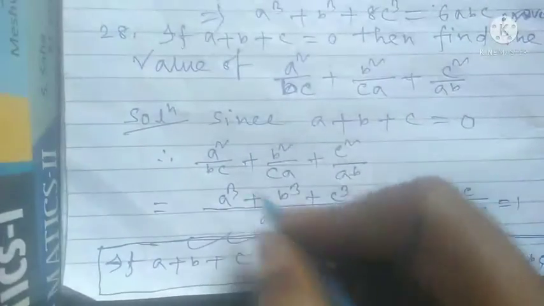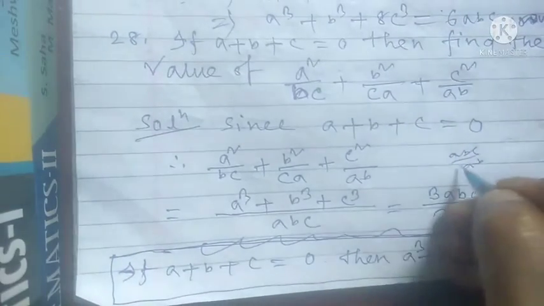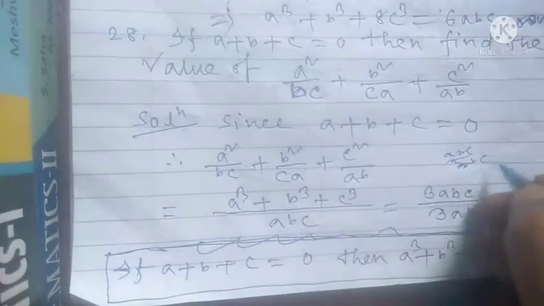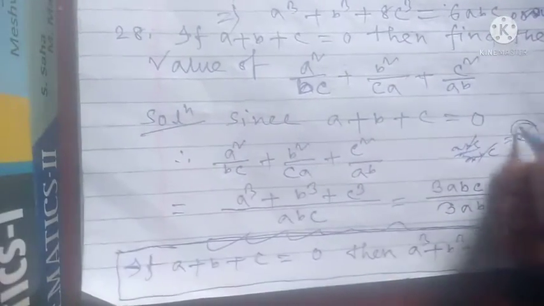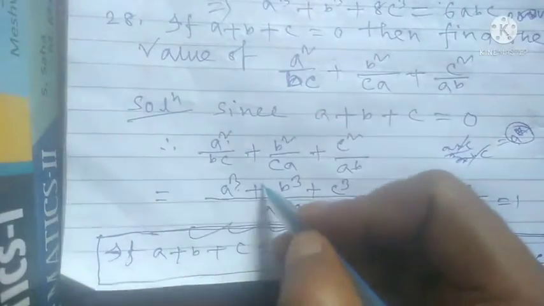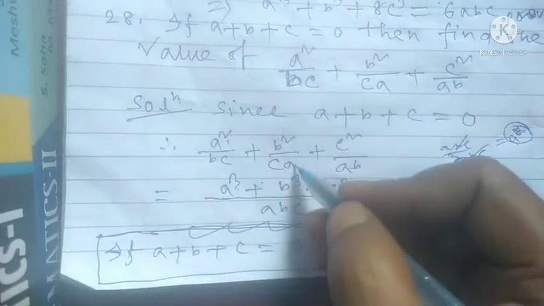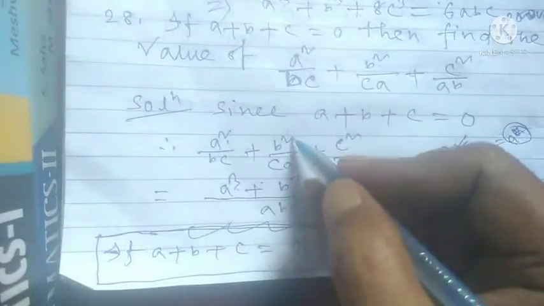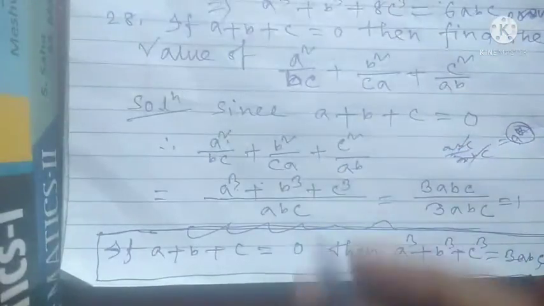So bc cancels, and you get a. Then you have to multiply a with a squared, that means a cubed. Similarly, if you divide this by this, you get b, and you multiply b squared with b, that means b cubed. So a cubed plus b cubed plus c cubed by abc.